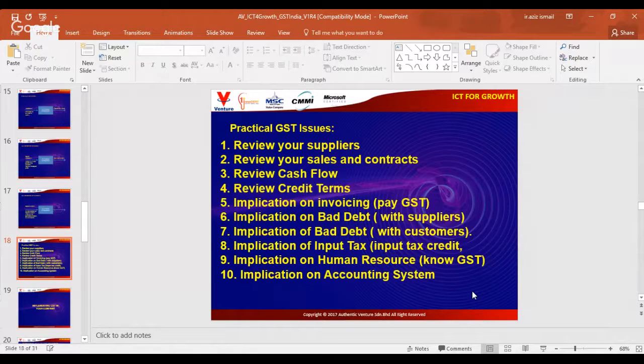Every time you invoice, you need to pay the GST. Implication on the bad debt. Implication on input tax. Look at your human resource, and look at your accounting system. Your accounting system must comply to the GST system.